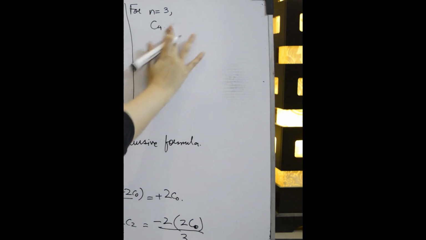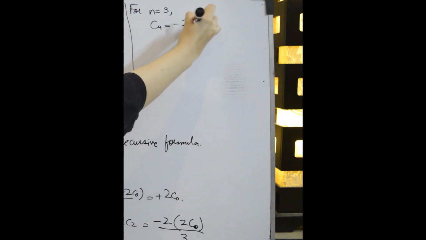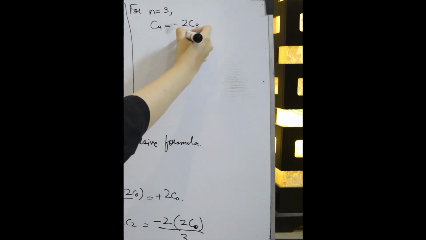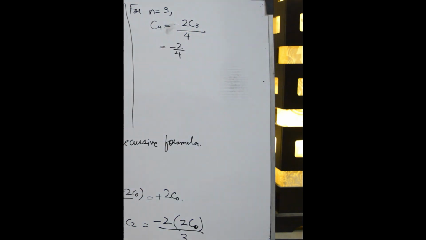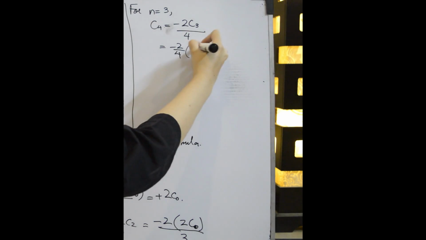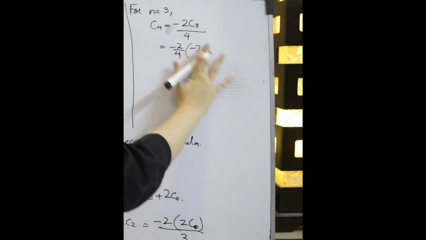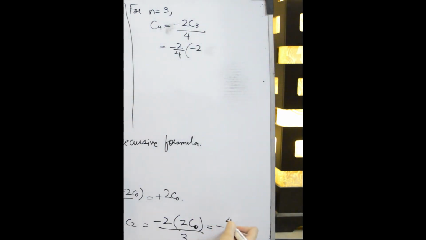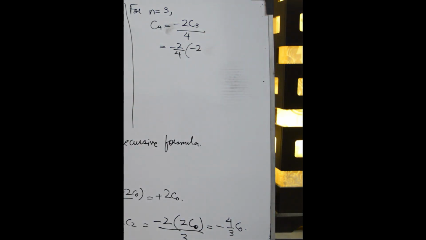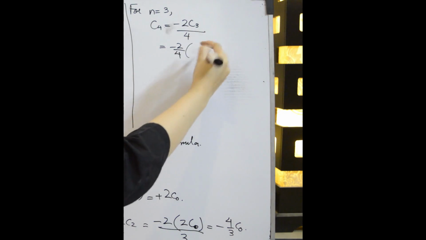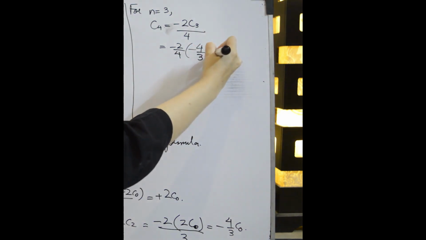And also for n equals 3, C4 equals minus 2 C3 divided by 3 plus 1, which is 4. So minus 2 by 4, and C3 is minus 2 into, that is minus 4 by 3 C0. So I am writing this as minus 4 by 3 C0.